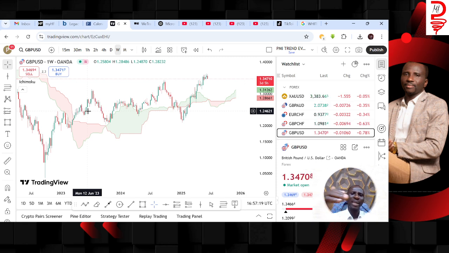Is it above the cloud or below the cloud? Now obviously GBP USD is on a buy direction or buy trend, and you will not be taking any sell trade on GBP USD. Now once you ascertain this directional bias, you can now move to other analysis based on the strategy that you trade.